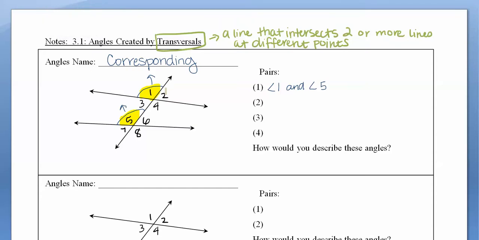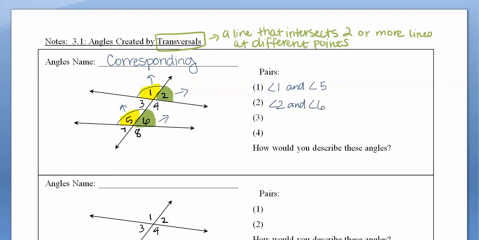Another pair would be angle 2. And which one do you think angle 2 goes with? If you said 6, that's correct. Angle 6. So angle 2 and angle 6 correspond to each other. They're both on the sort of top right. So angle 2 and angle 6.